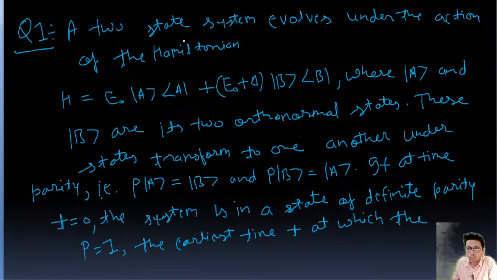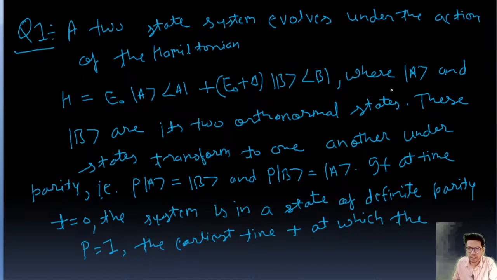A two-state system. So we have a system which has two states, and it evolves under the action of the Hamiltonian, which is given, H equal to E naught ket A bra A plus (E naught plus delta) ket B bra B, where A and B are two orthogonal states.